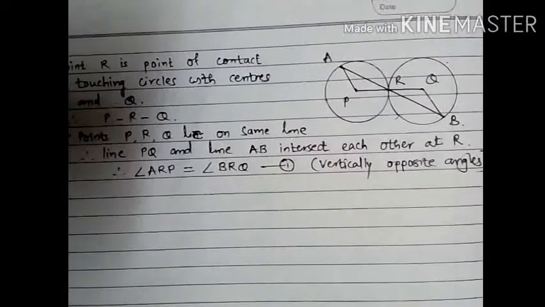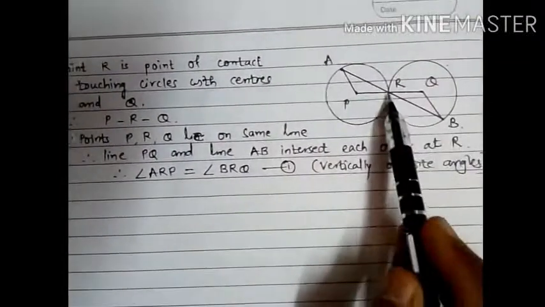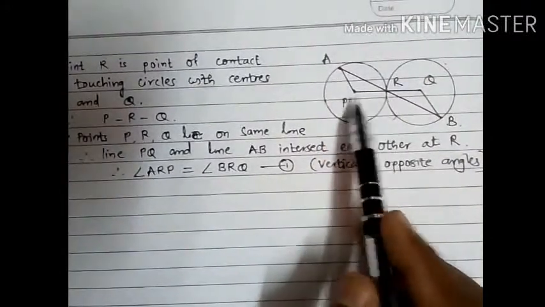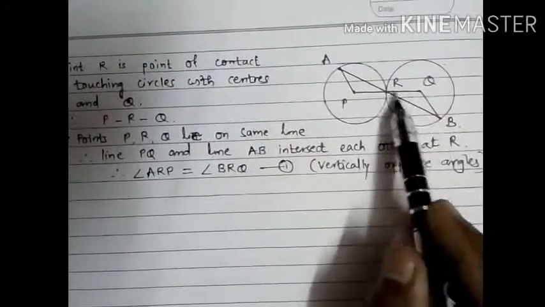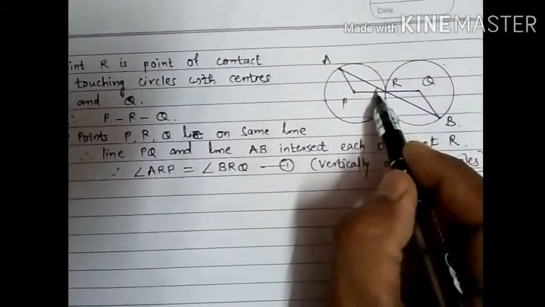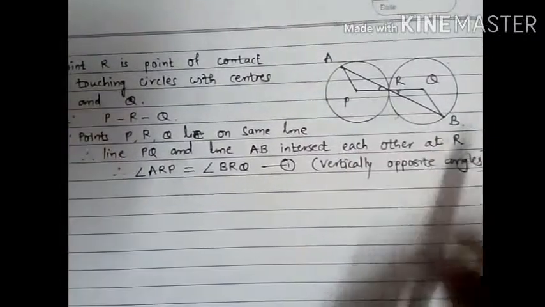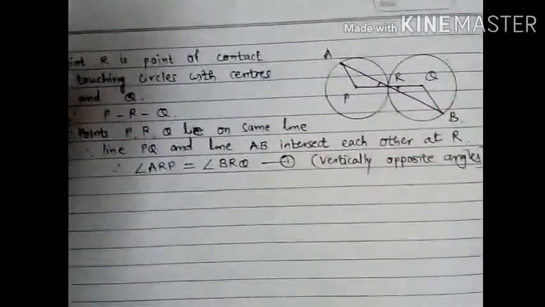Therefore, line PQ and line AB intersect each other at point R. Therefore, angle ARP is congruent to angle BRQ because they are vertically opposite angles. These two angles are of equal measure.